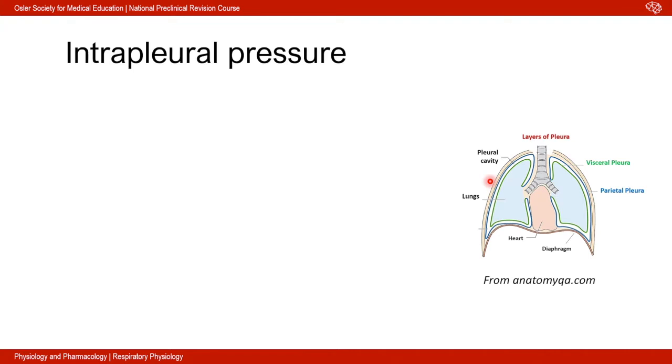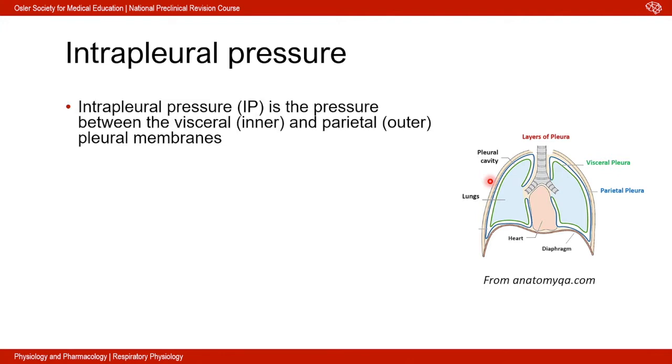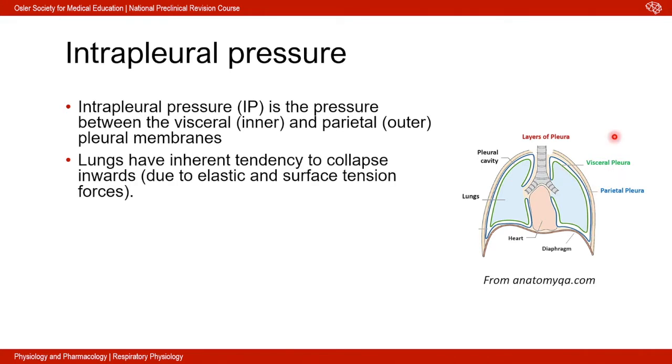Another important concept to make sure you really understand is intrapleural pressure. This is the pressure between the visceral layer, this inner green layer, and the parietal layer, which is this outer layer that lines the ribs. The important thing to bear in mind is that the lungs inherently want to collapse.